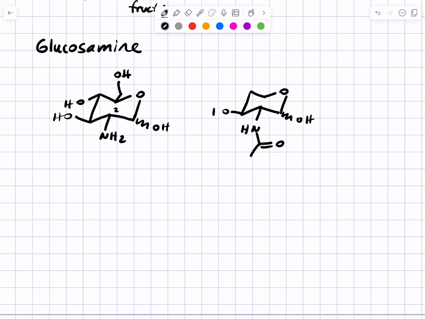So what I've drawn for you here is called N-acetyl glucosamine. The N in front of the acetyl tells you where the acetyl group is. An abbreviation for this that people will use is GlcNAc, which is shorter than saying N-acetyl glucosamine.